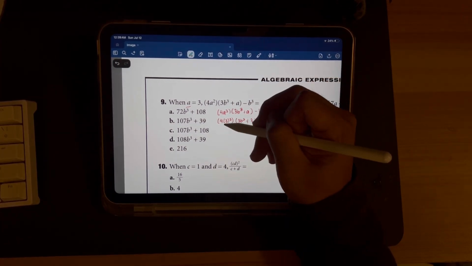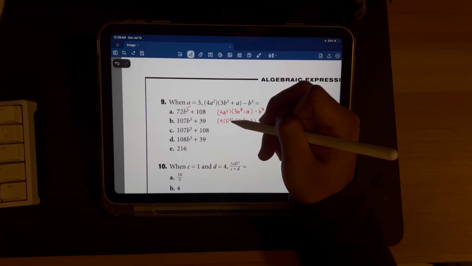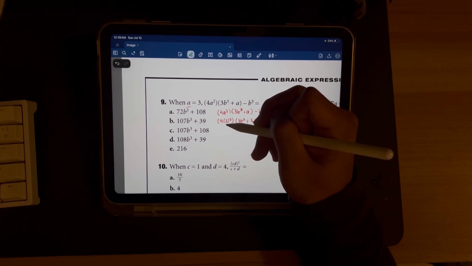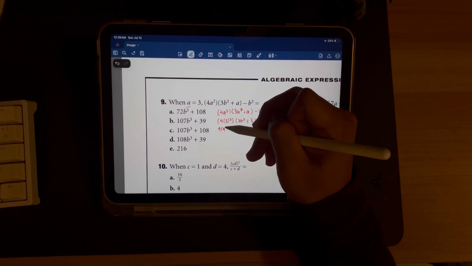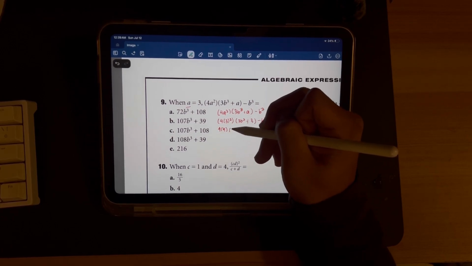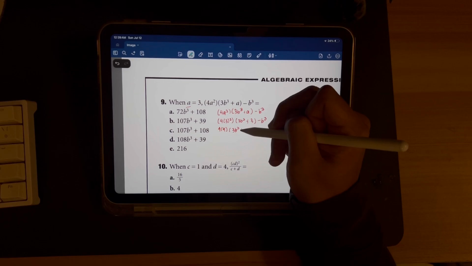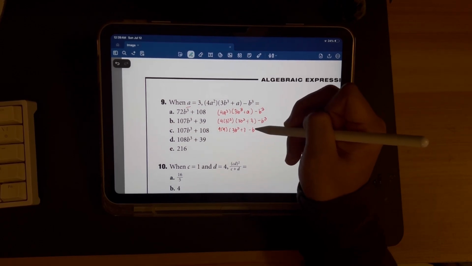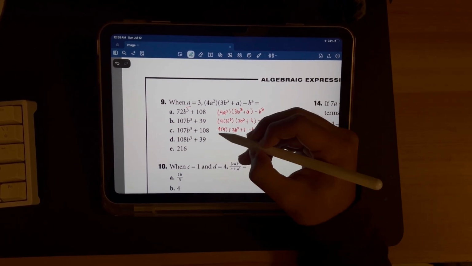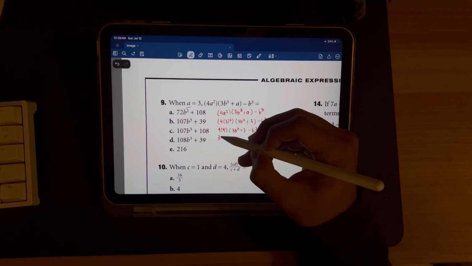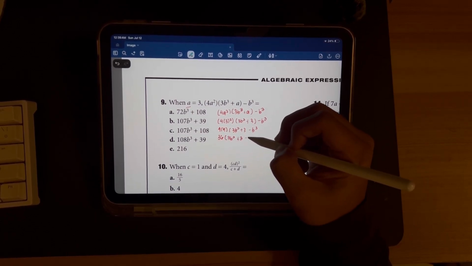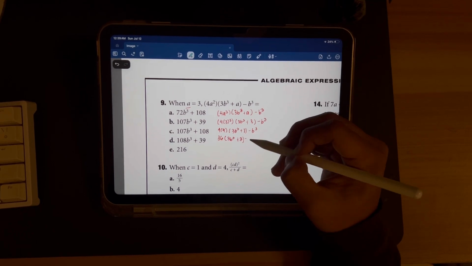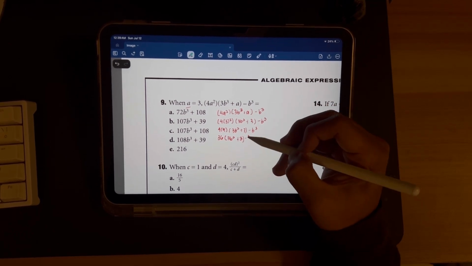Let's further simplify by first putting this into power. That will become 9. So 4 multiplied by 9 multiplied by 3b cubed plus 3 minus b cubed. Let's further simplify. This will become 36 multiplied by 3b cubed plus 3 minus b cubed.